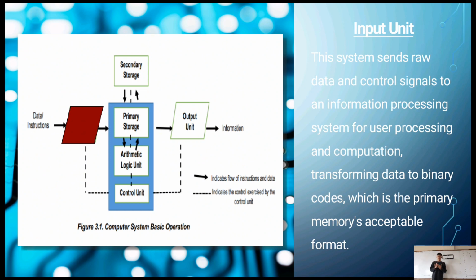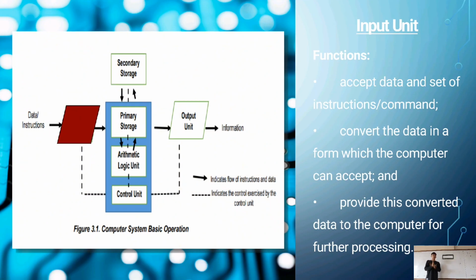Examples of input units are the keyboard, mouse, and others. Its functions: accept data and a set of instructions, convert the data into a form which the computer can accept, and provide the converted data to the computer for further processing.